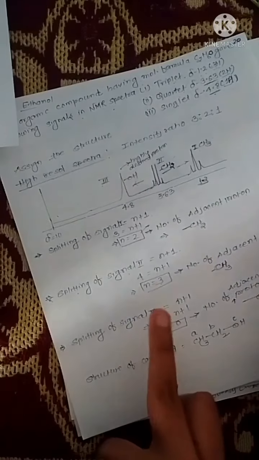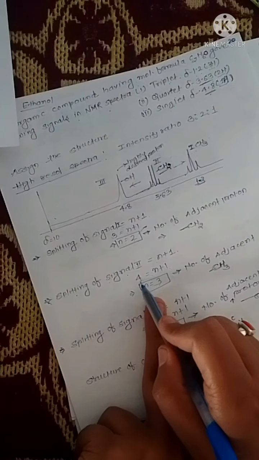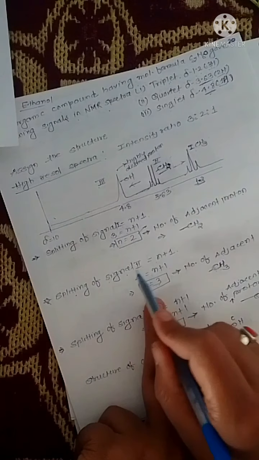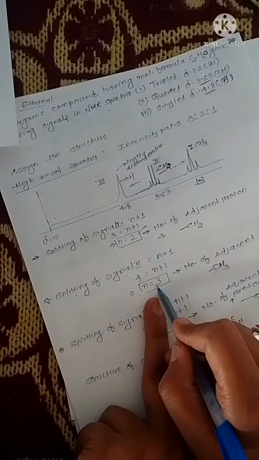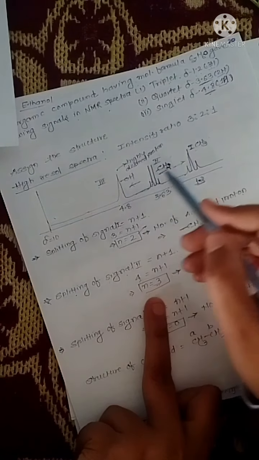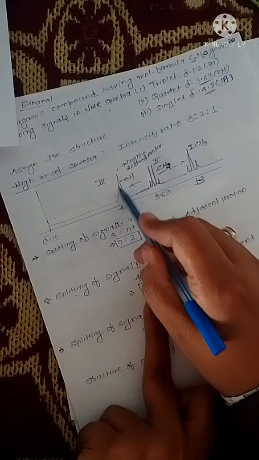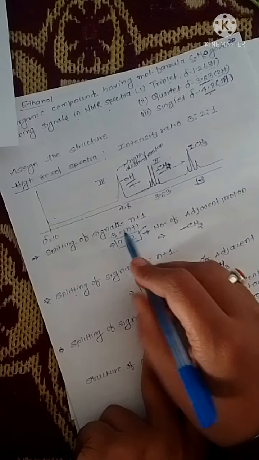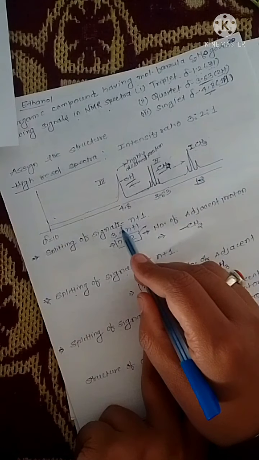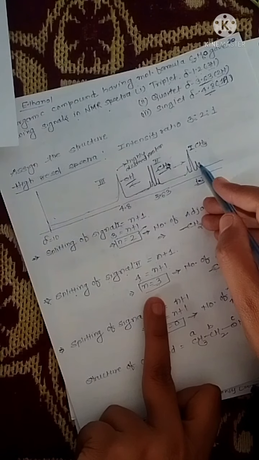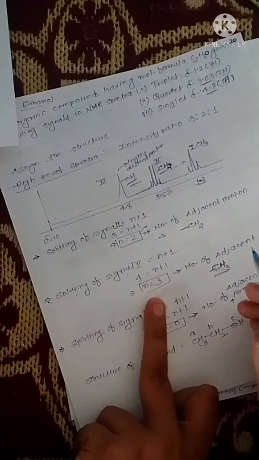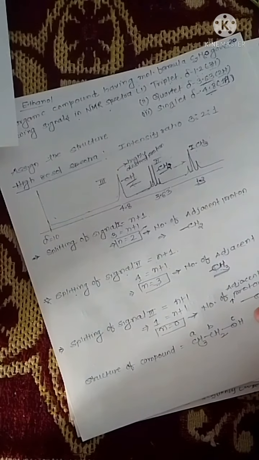But this peak is divided into a quartet, and it has 3 adjacent protons. Signal 1 tells us it is a triplet, so write CH3 here first. After solving all the problem, we assign which peak is for which group.